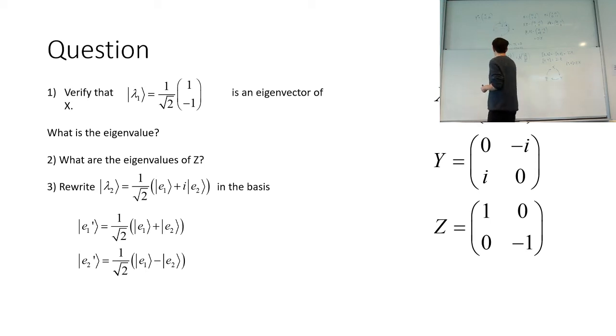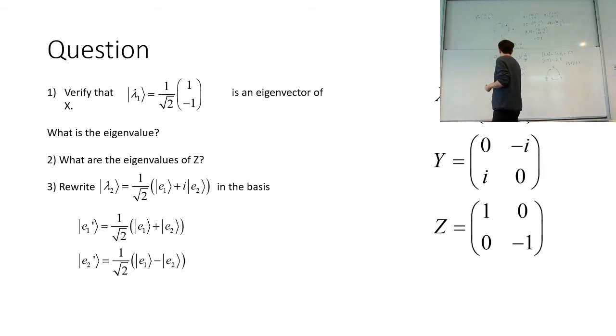So E1, if we follow what I was just saying there, should be E1 prime plus E2 prime, and E2 should be E1 prime minus E2 prime.